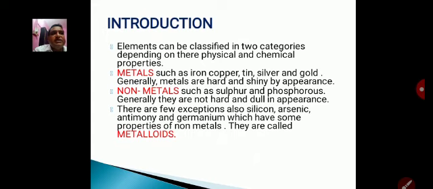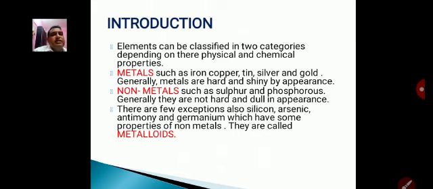An element is a substance which is made up of only one kind of atom. For example, the sulfur element is made up of only sulfur atoms, whereas the iron element is made up of only iron atoms. There are only 92 naturally occurring elements known to us.